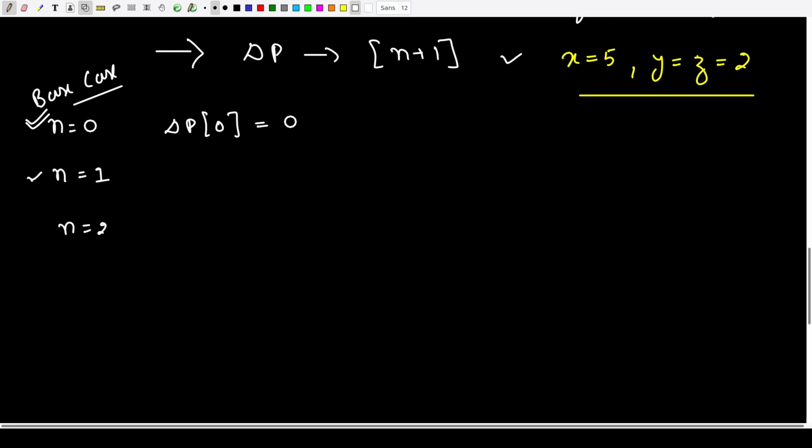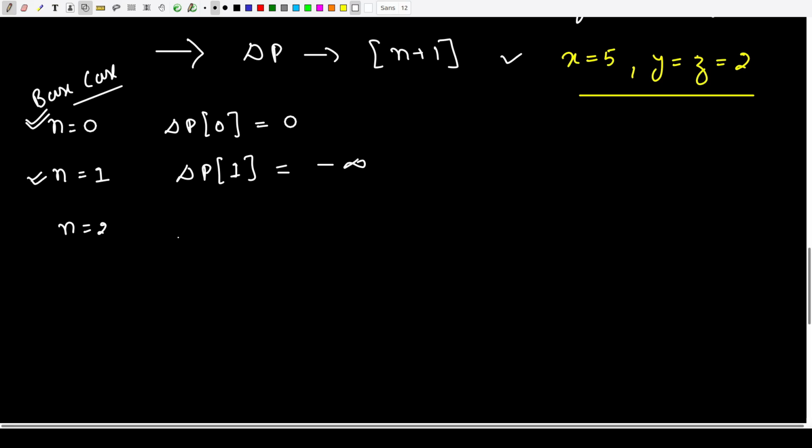Now, the length of the segment is 1 and we want to cut a segment such that the resultant line segment which we obtain is either of size x, y or z. As all the values of x, y and z are greater than n, dp of 1 will be equal to minus infinity, which simply indicates that it is not possible to cut the line segment.